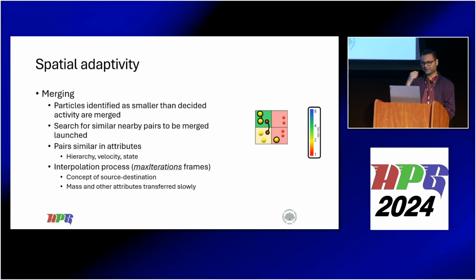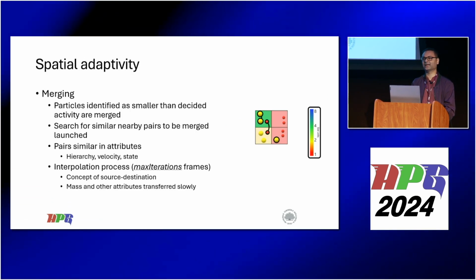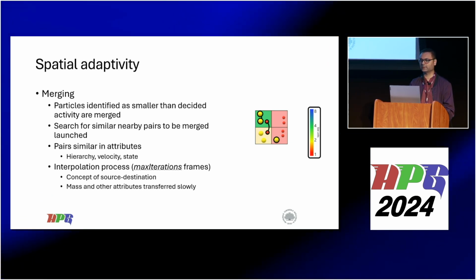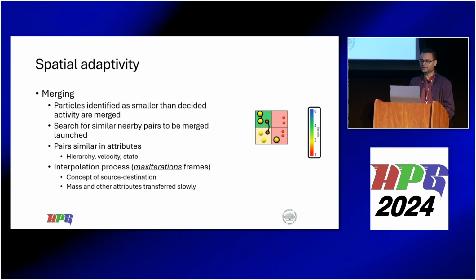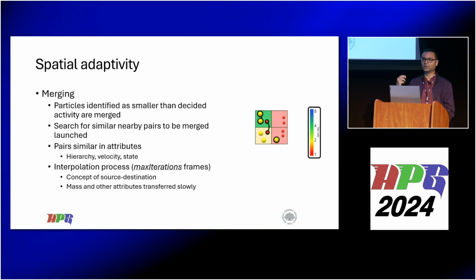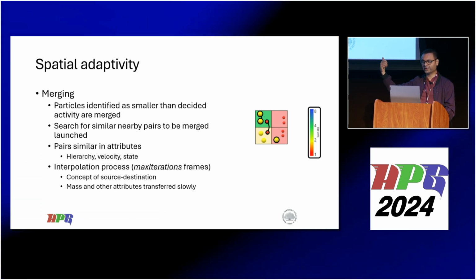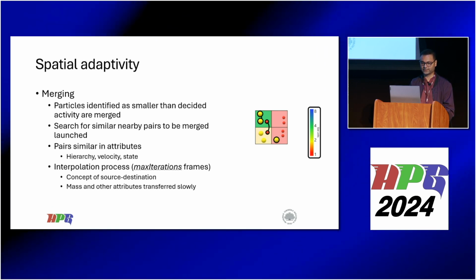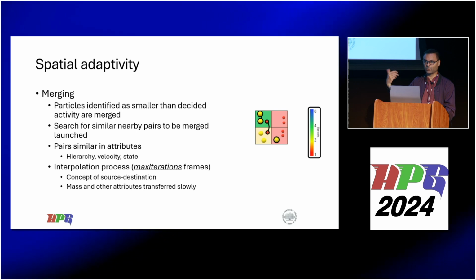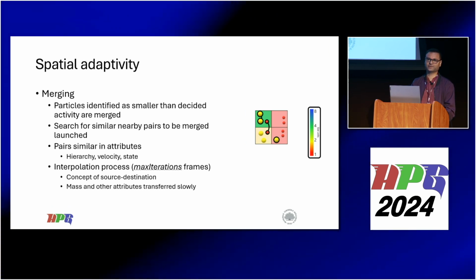So here is an example for merging. Once the spatial activity is determined using the spatial temporal activity that we just talked about in the previous slide, particles that are identified as smaller than the decided activity are merged together. Here, those two red particles are decided to be merged together. This requires that a search is launched for every such particle, and this happens in parallel.